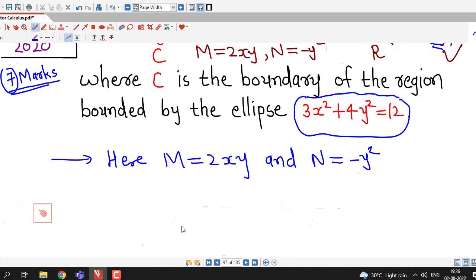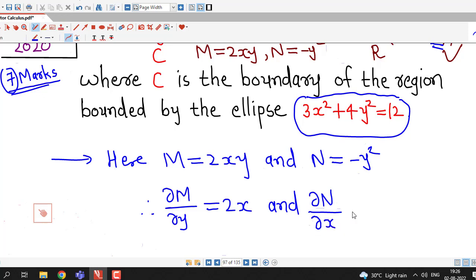Partial derivative of M with respect to y, del M by del y, is 2x constant, derivative of y is 1, so it is 2x. And the partial derivative of N with respect to x is 0, because there is no term containing x here.